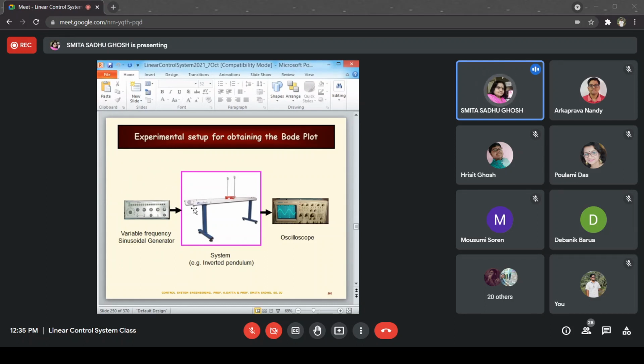That is going to go and excite your system. You will be able to observe the corresponding output over here. Now, what do we expect at the output? If the system over here is a linear system, the output waveform is also going to be sinusoidal in nature, right? However, what may be changing is that the amplitude of the output waveform may not be matching the amplitude of the input signal.